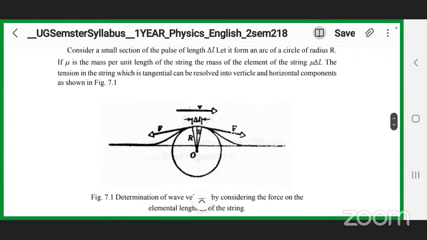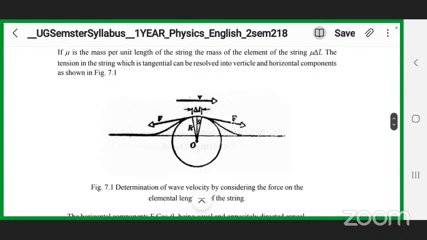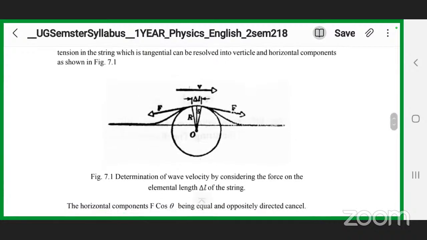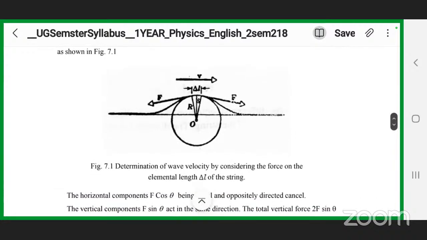So here the tension of the string, which is tangential, can be resolved into two components, one horizontal and another vertical. Capital F denotes the tension in this section, on the right hand side as well as the left hand side, as the pulse moves like this.